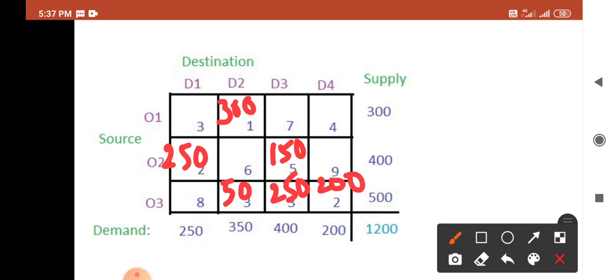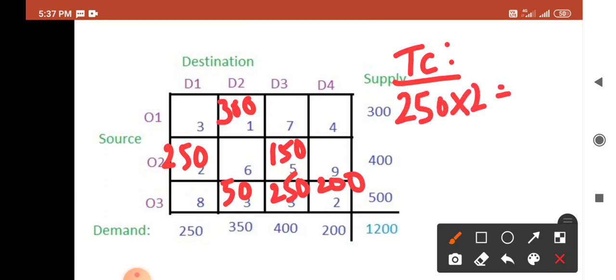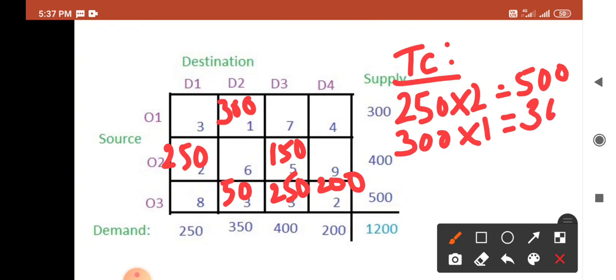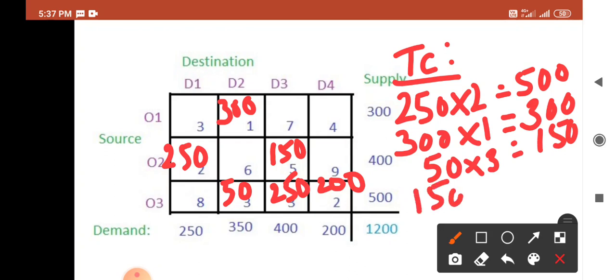Now we calculate the transportation cost. 250 into 2 is equal to 500. 300 into 1 is equal to 300. Then 50 into 3 is equal to 150. Then 150 into 5 is equal to 750.